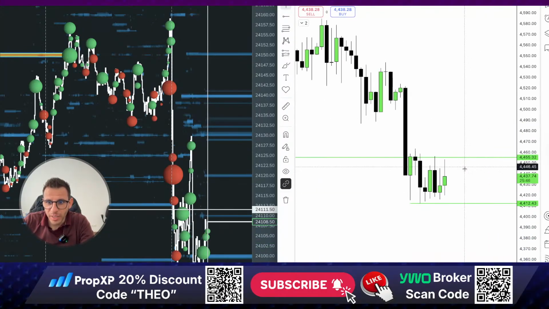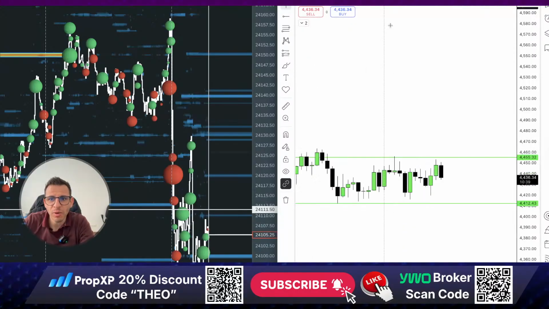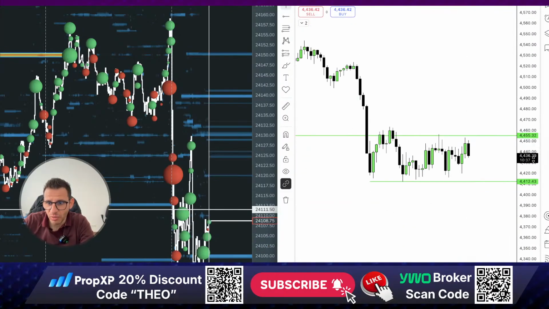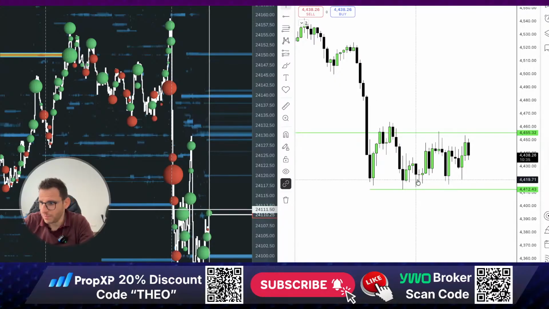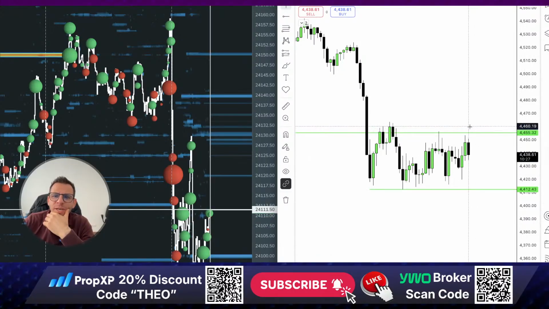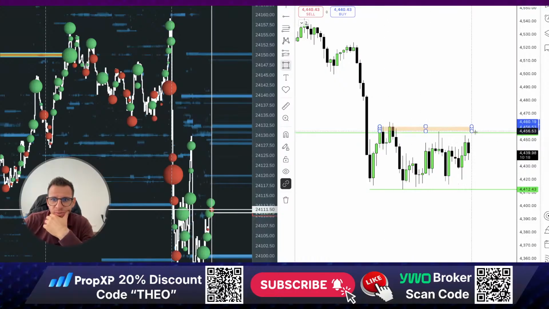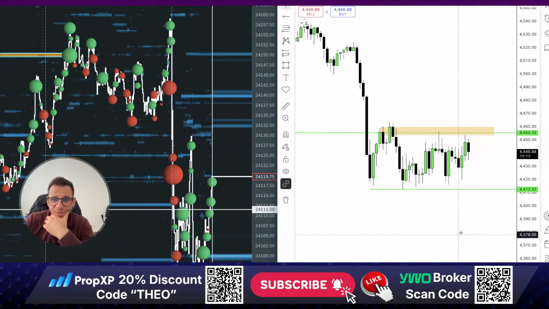On the hourly, it's more interesting. We have this very definable range and makes our life much easier. So here is the outcome. What I want to trade here is the break to the downside, ideally. Also, we can see a break to the upside, but if we're going to see a break to the upside, then we need a clear close above this high.